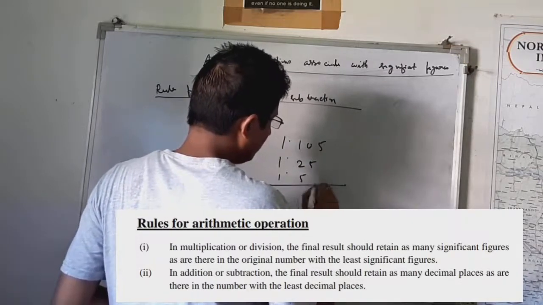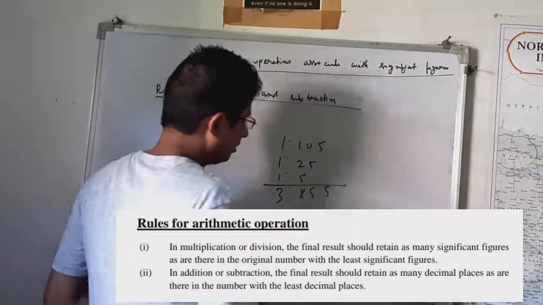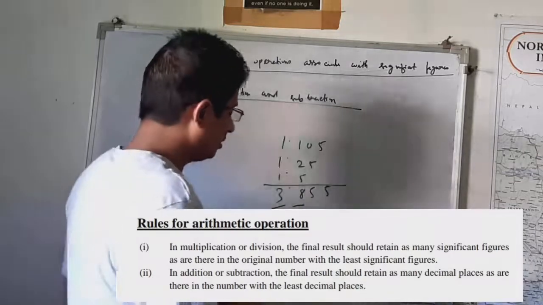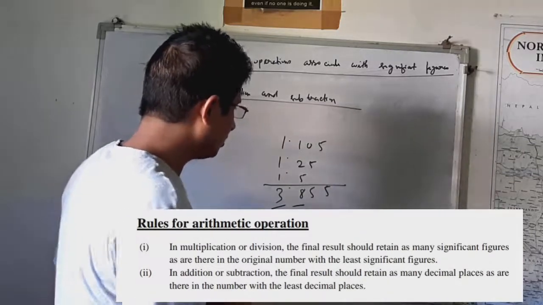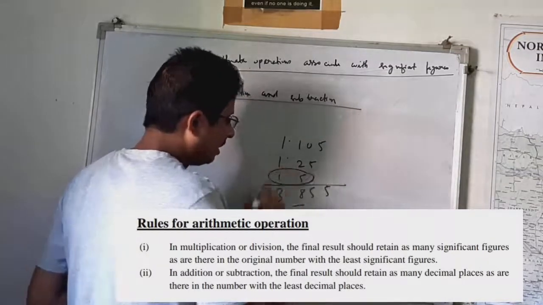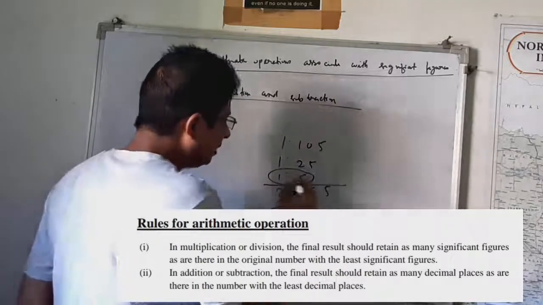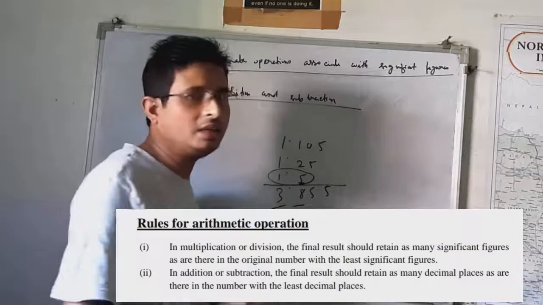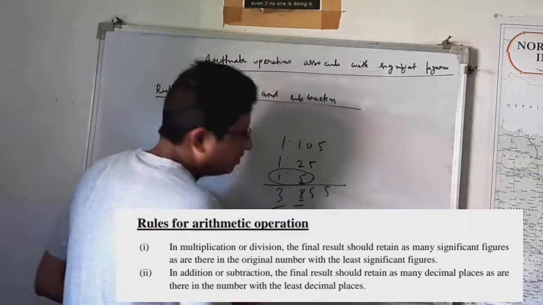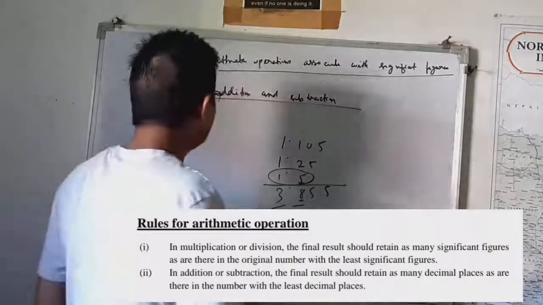Here the third term has only one decimal place after the decimal point. So we need to consider one decimal place in our final result. A similar rule is applicable for subtraction too.